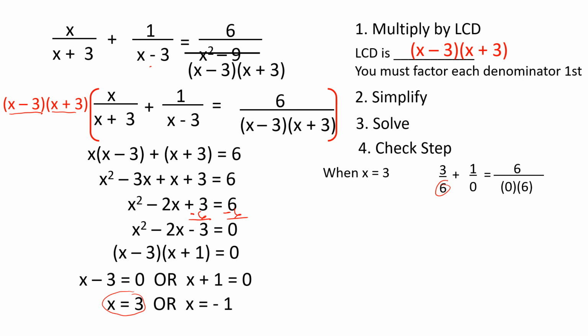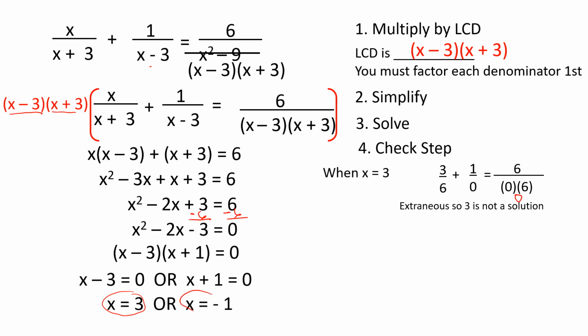So that's all I've done, I just substituted in the 3. And so since we already have a 0 here in the denominator, then this is extraneous. 3 is extraneous. It's not a solution. It doesn't work. In fact, this 0 times 6 also gives you a 0 in this denominator. So the 3 doesn't work.